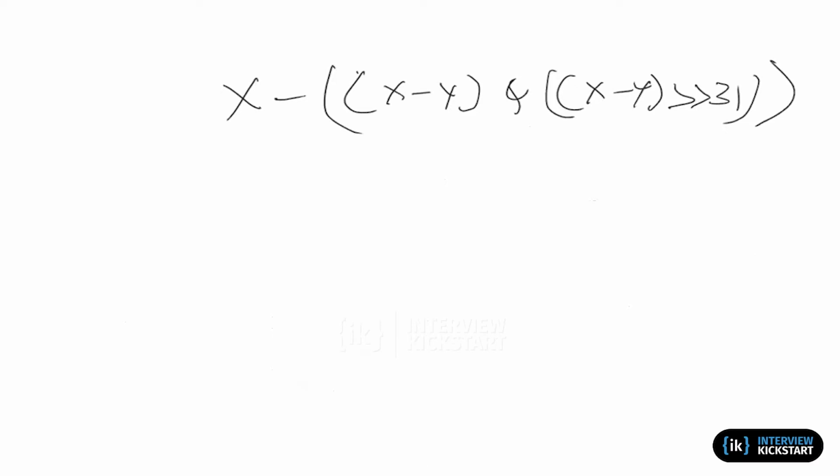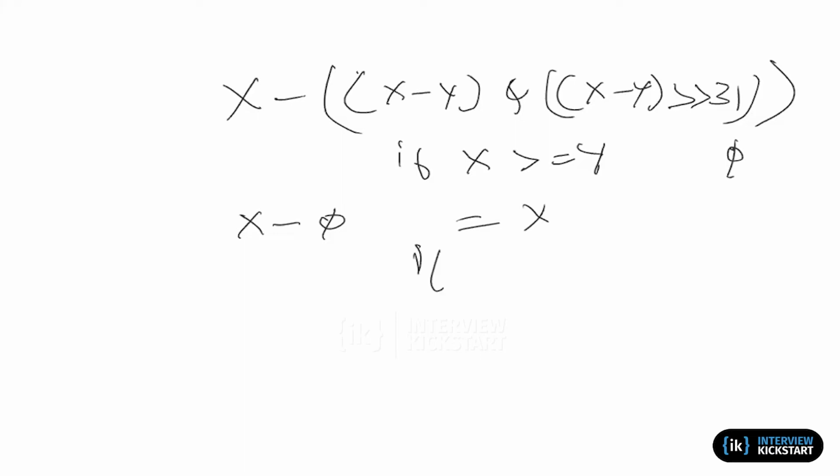What happens? If X was greater than or equal to Y, you would get a 0, so X minus 0 becomes X. Since X is greater than or equal to Y, you get the answer X, which is the max of the two numbers.